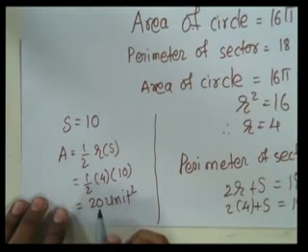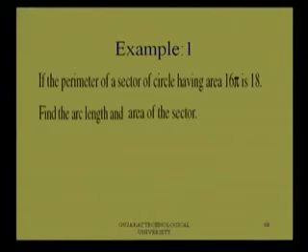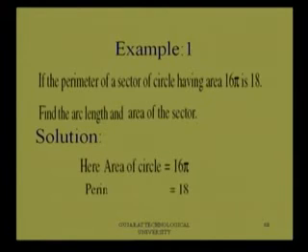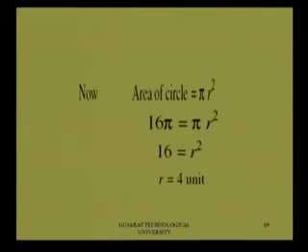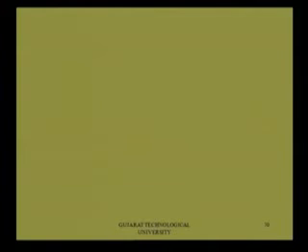We will try to understand this example on presentation also. What is given? Perimeter of sector is 18 and area of circle is 16 pi, and we are supposed to find arc length and area of sector. As we know that area of circle is pi r square and area of circle is given 16 pi, so pi will be cancelled out, and so radius is 4 units.